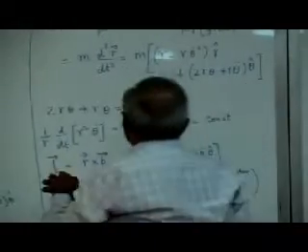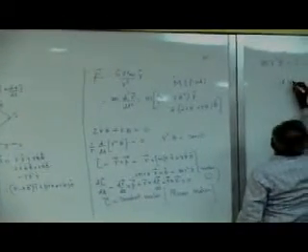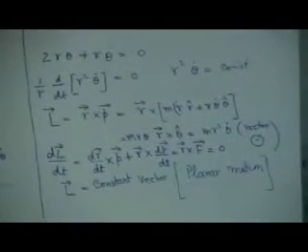Now let's go back to the other equation. The next equation is the r double dot equation, which I will rewrite as dv/dt is equal to this acceleration, minus GM over r squared.